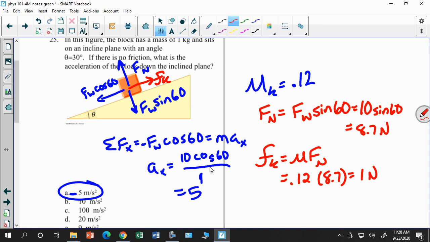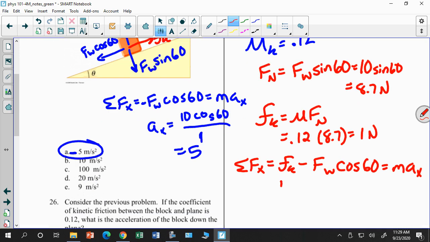So now, to find the acceleration, I do exactly what I did before, but I'm just going to add in that frictional force. The sum of the forces in the x direction is equal to Fk minus Fw cosine 60. That's equal to max.